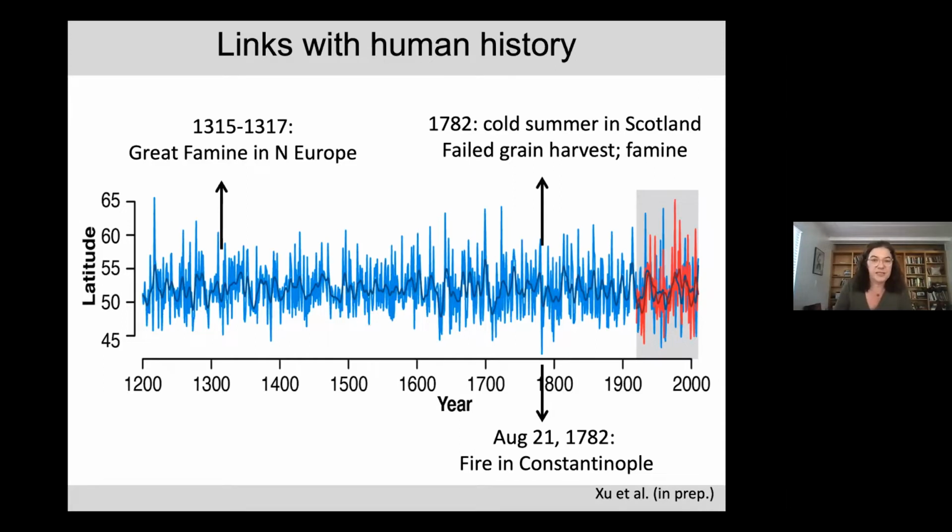Another historical example to look into is the great famine in Western and Northwestern Europe, 1315 to 1317, which we know was caused by very wet conditions, again creating failed grain harvests. And as you can see in this preliminary graph, that was a period of prolonged negative jet positions in summer.